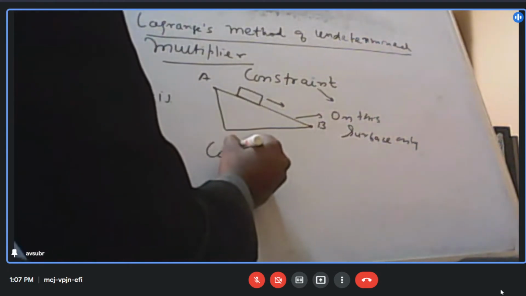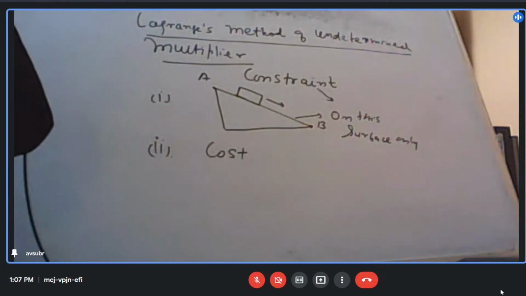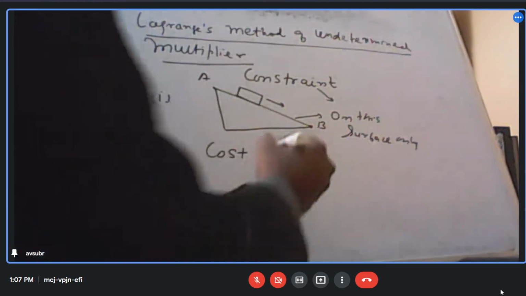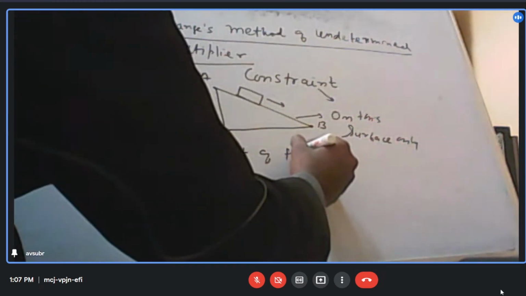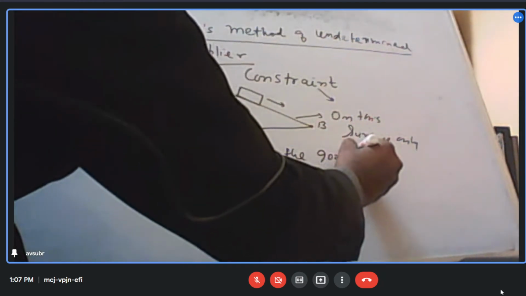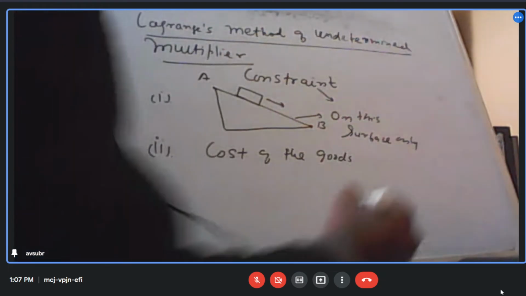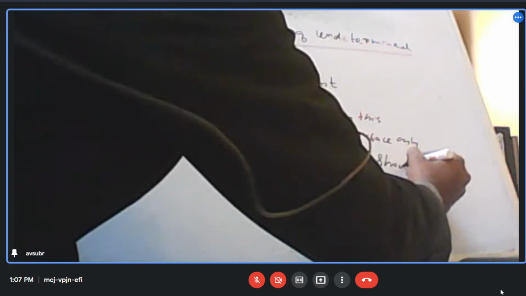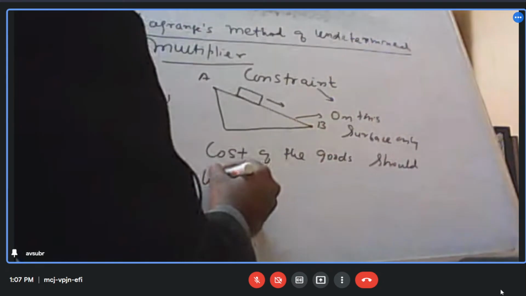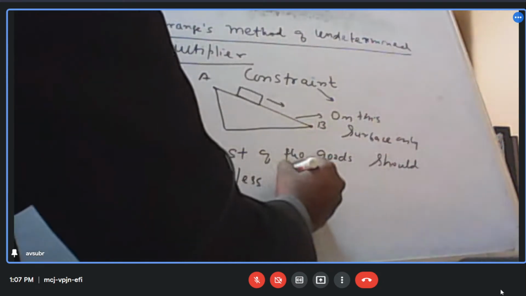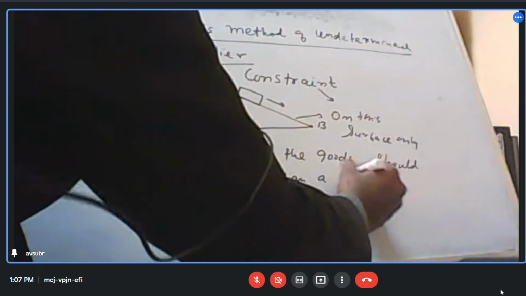So the cost of the goods should be less than a particular value.